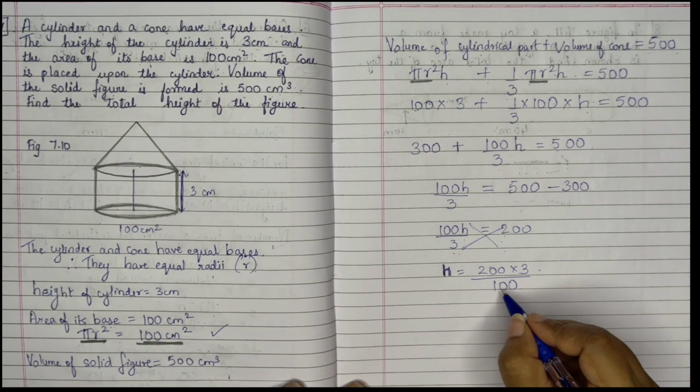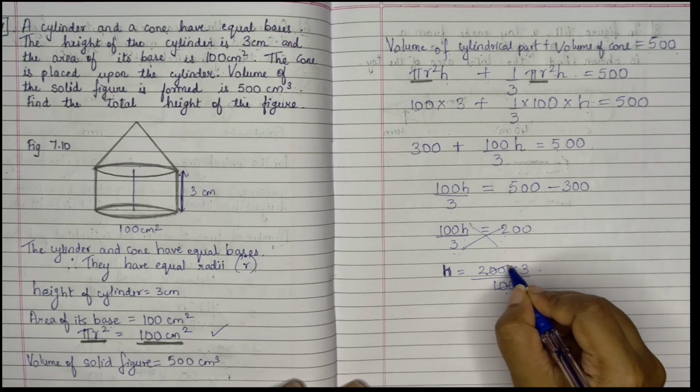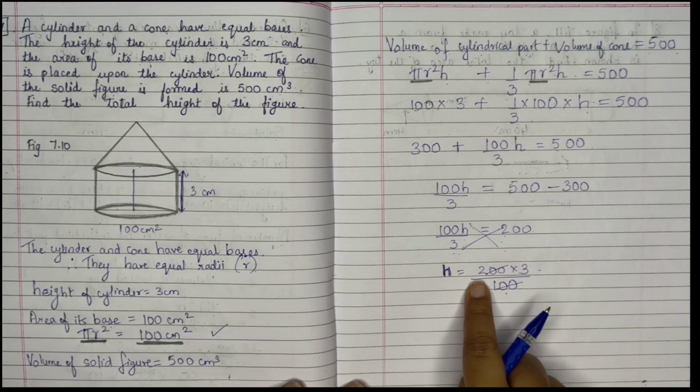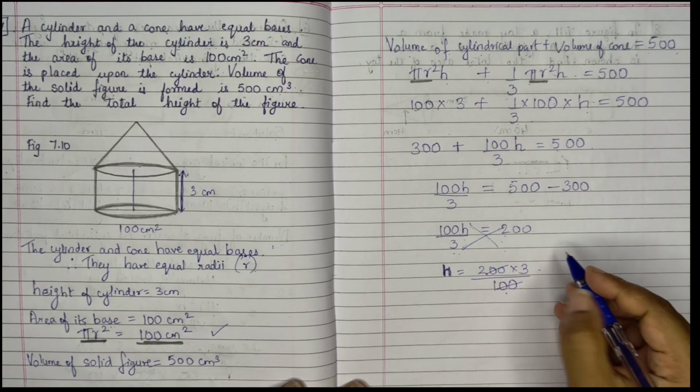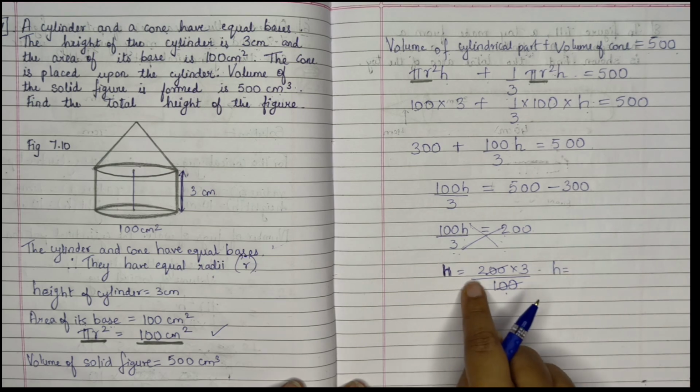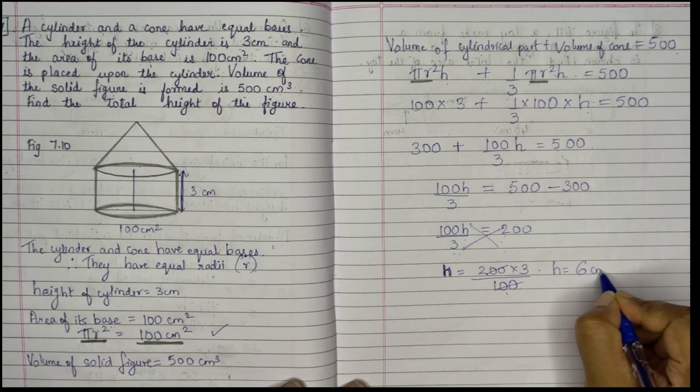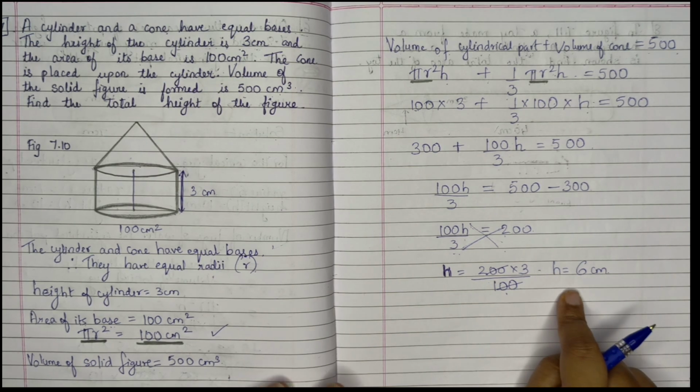Now you can reduce this, these two zeros and these two zeros you will cancel. What is left is 2 multiplied by 3, that is h is equal to 6 centimeters. That means we got the height of the cone.